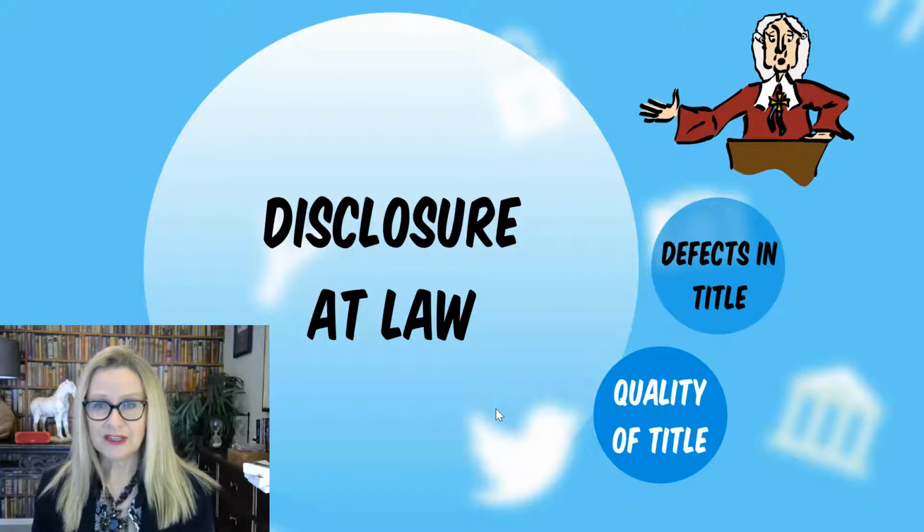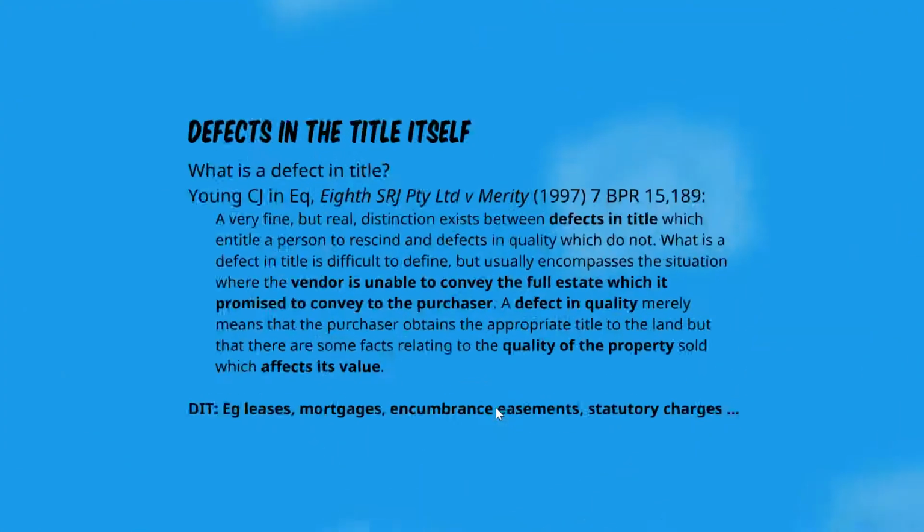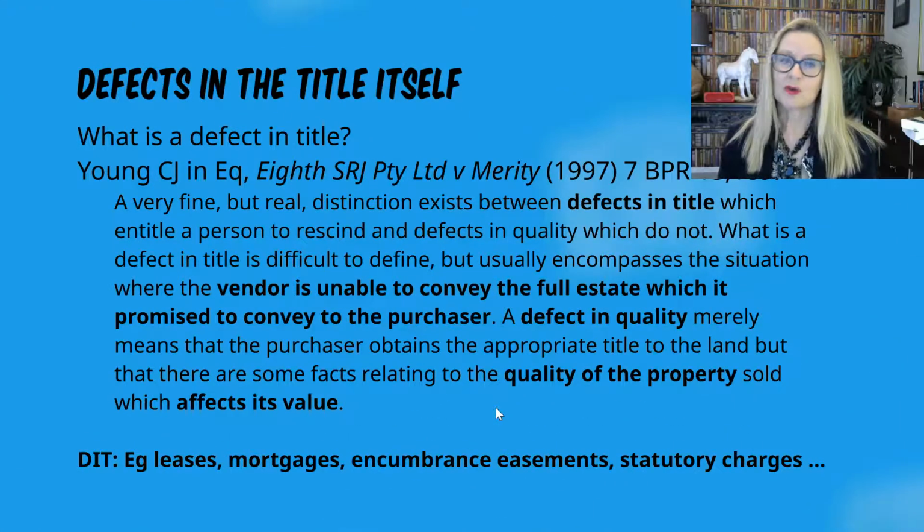So firstly, we need to look at defects in title. The logical question here, I guess, is what is a defect in title? There's no hard and fast or bright line rule that we can use here to say, right, here is the line, everything on this side is a defect in title and everything on that side is a defect in the quality of title.